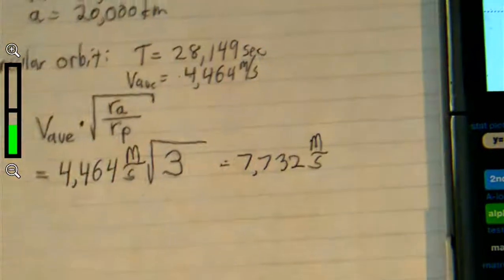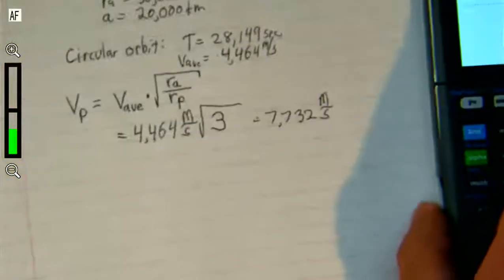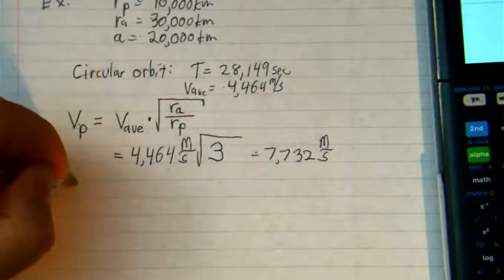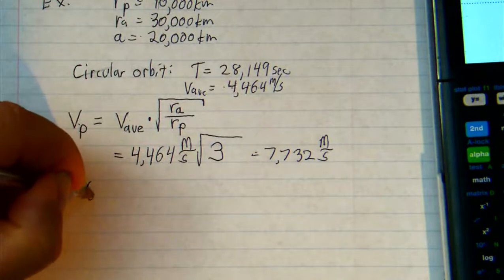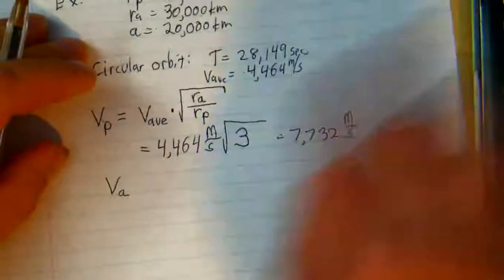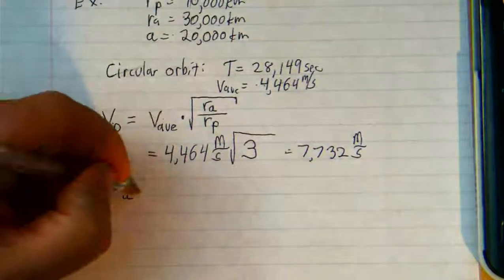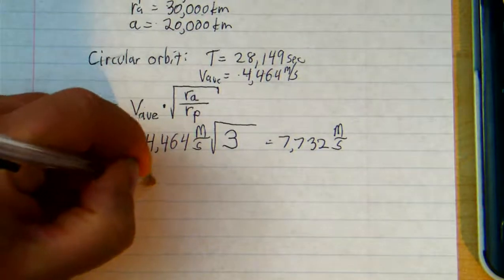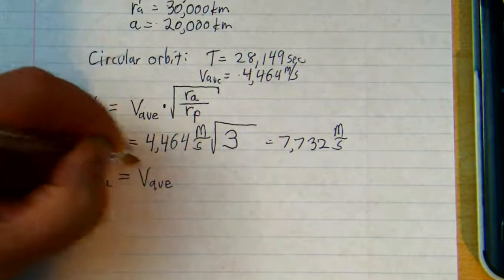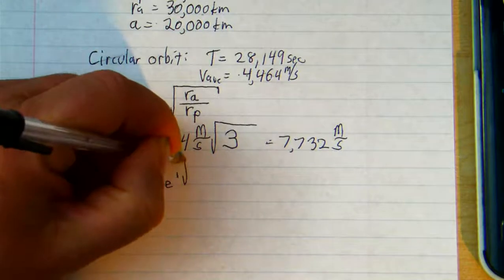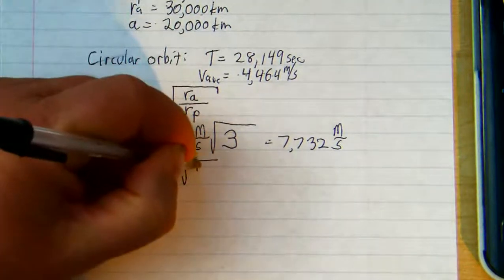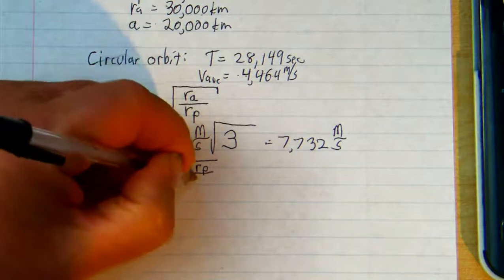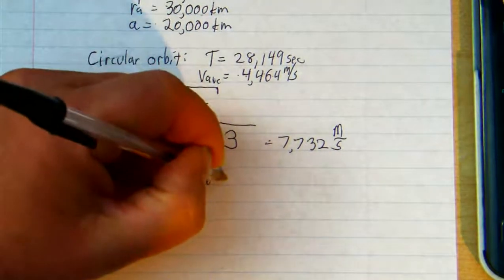Of course, there's another equation. How do you find your speed at the slowest point, at apoapsis? Well, the formula is the flip of this. Your apoapsis velocity is the product of your average orbital speed times the square root of your periapsis radius divided by your apoapsis radius.